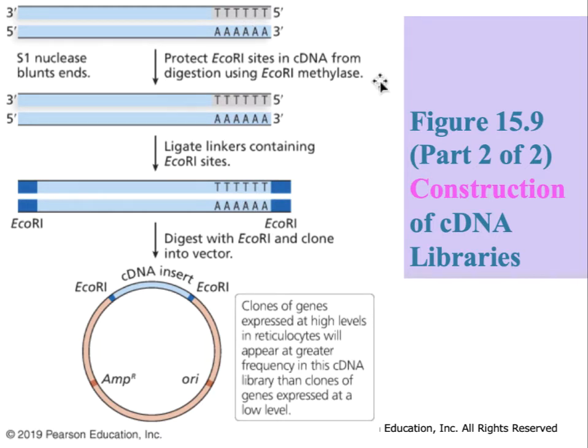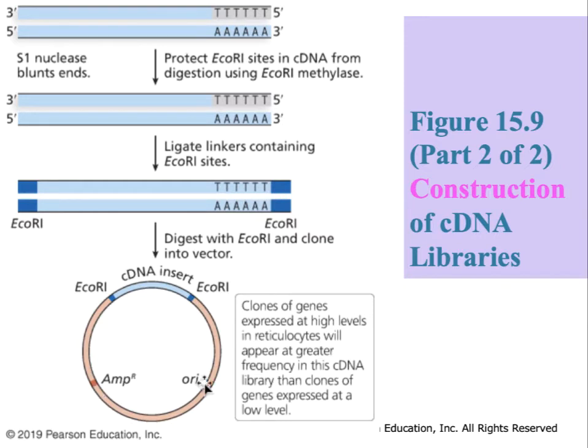To help with cloning this into your vector, you use some technology that allows you to add linkers. Linkers are simply double-stranded DNA that contain restriction sites. You add these linkers to the end, and now you're in a position to be able to clone your fragments into your vector.